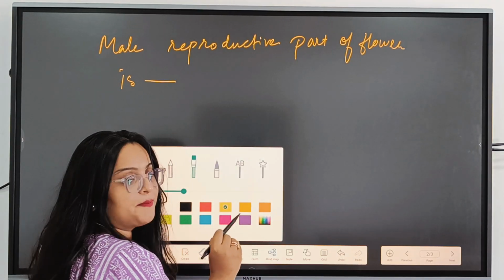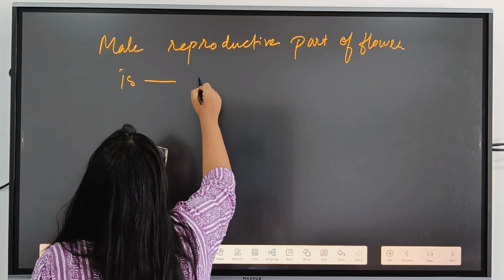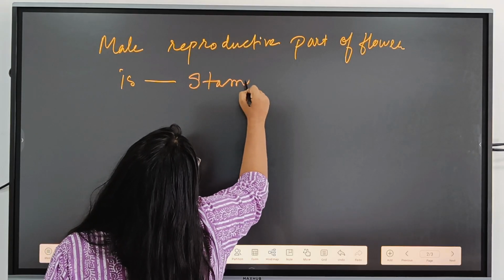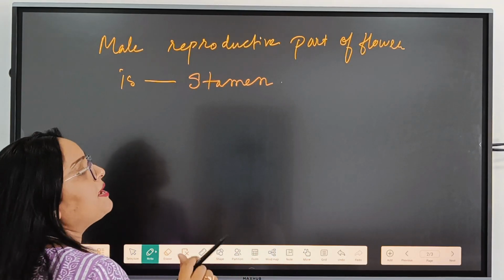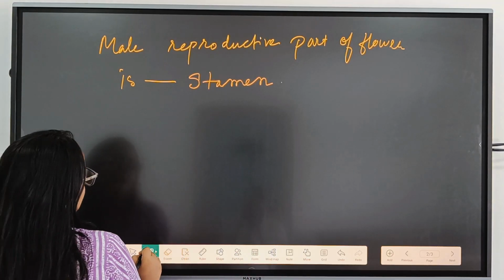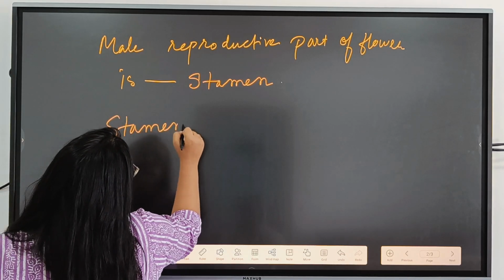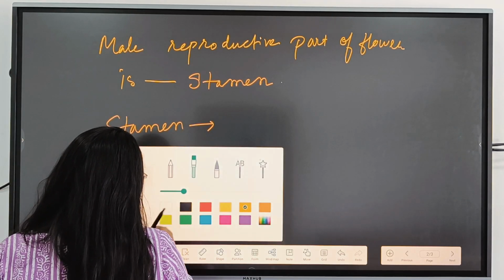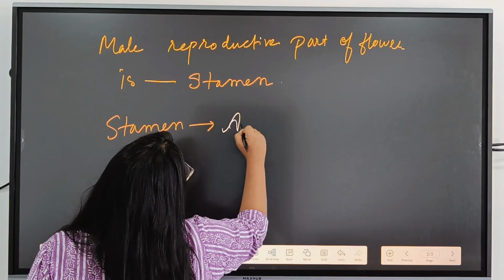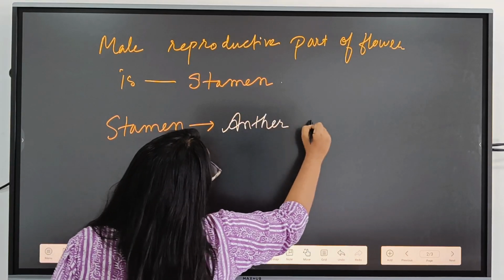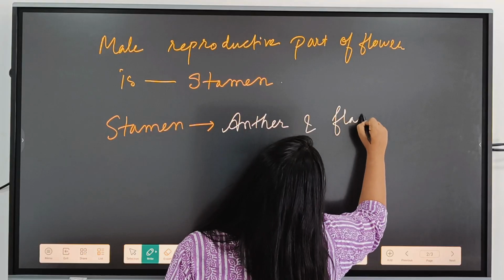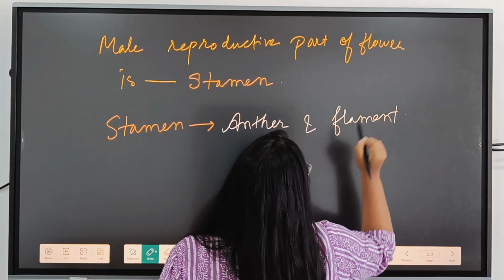It is stamen. Now the stamen consists of what? Anther and filament.